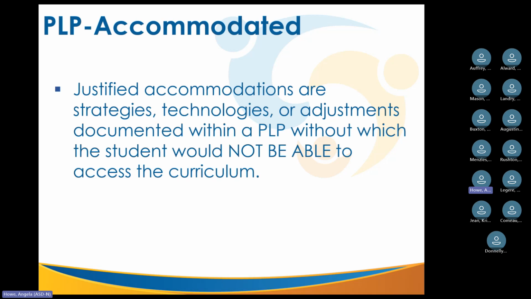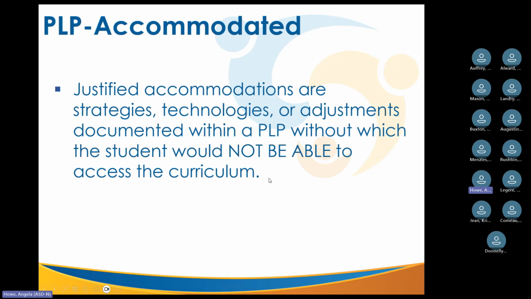The PLP accommodated is for justified accommodations. So what does the student need to have in order to access all of the curricular outcomes, but it's specific to that student? So strategies, technologies, or adjustments documented within a PLP without which the student would not be able to access the curriculum.